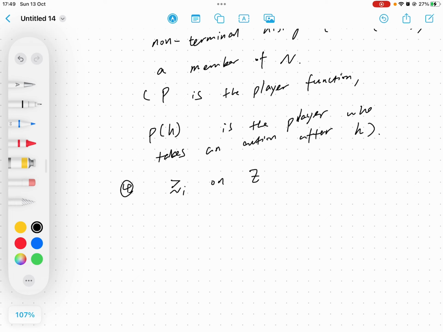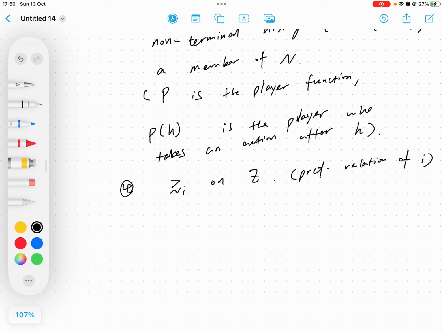Because after the game finishes, each player likes which outcomes the best, right? So that's captured by this preference relation of player i.